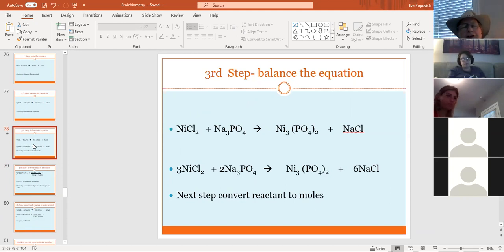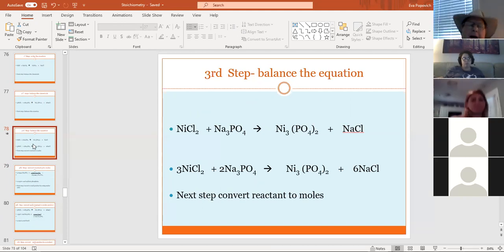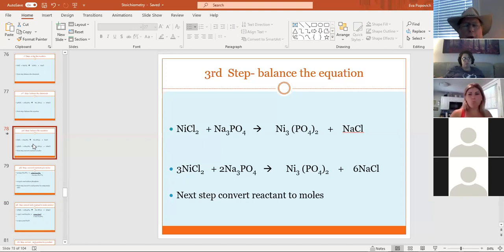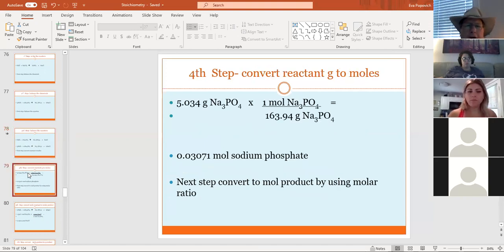I keep saying these same things over and over because I want this to be rote to you, so you can come up to these equations and not even think about what you have to do. You take the grams of sodium phosphate, multiply by 1 mole over the molecular weight, which is 163.94. I do that math and get 0.03071 moles of sodium phosphate.